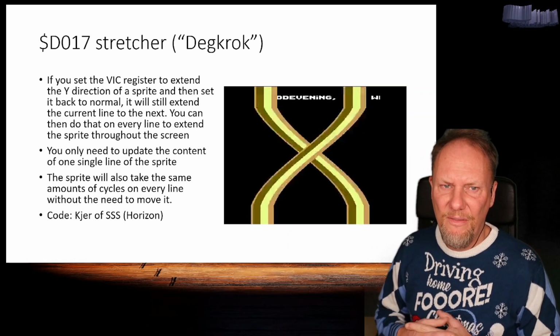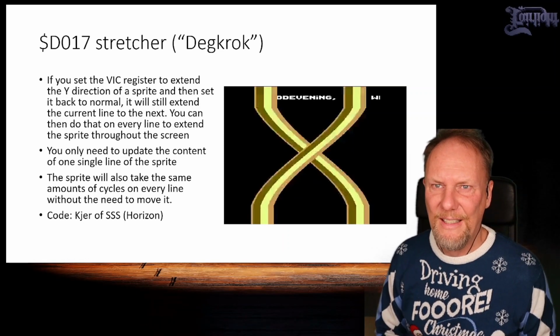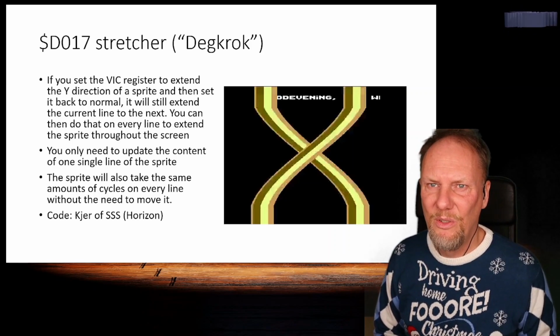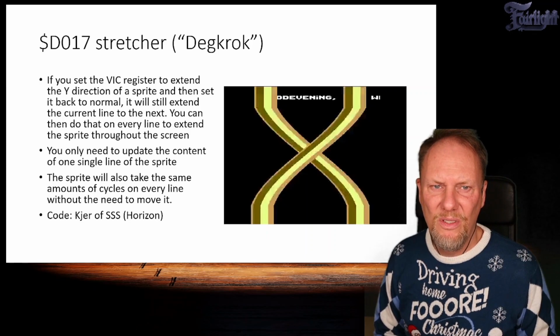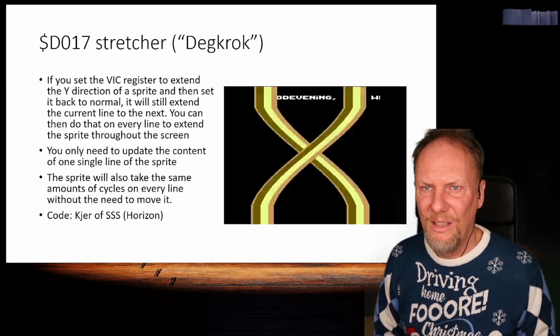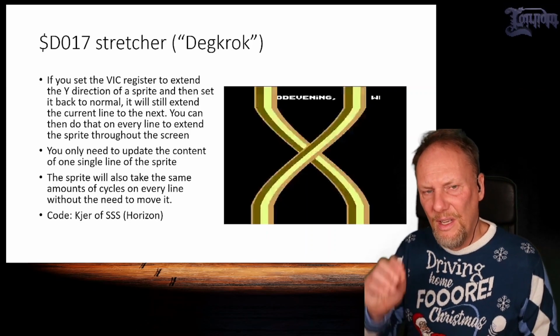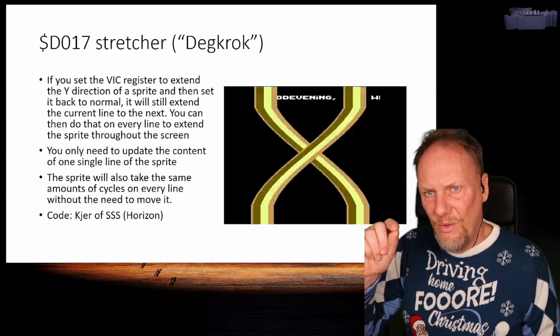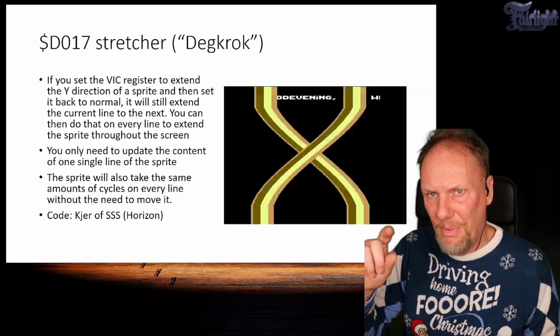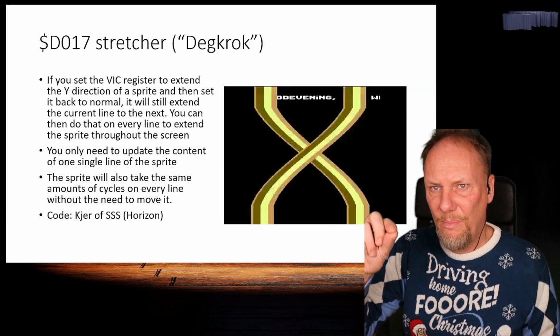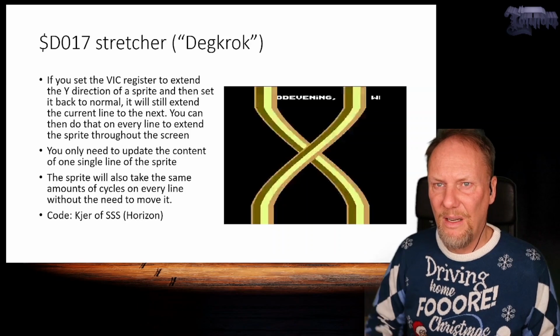So DO17 stretcher. There are multiple ways we can do DO7, and we will get to Sprite Crunch in a minute, but the DO17 stretcher is sort of the easy way to do things here. When you are on a row, you can set expand sprites, and then you put them back to not being expanded.